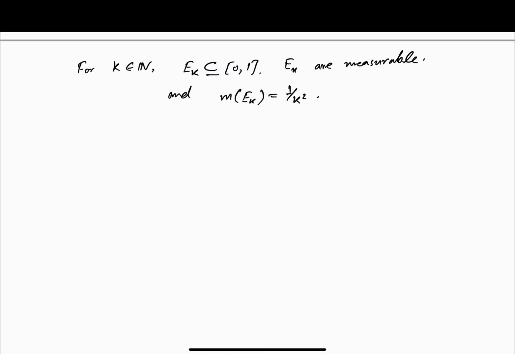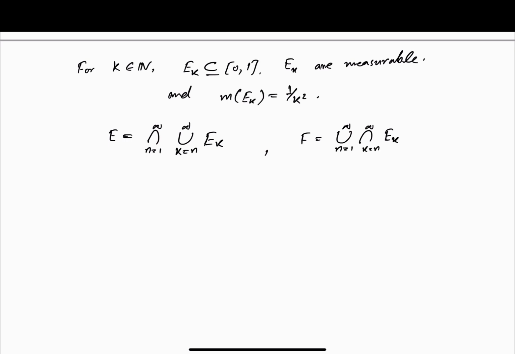And how is E defined? So E is basically the intersection n equals 1 to infinity of the union k equals n to infinity of Ek. And what is F? F is basically the union n equals 1 to infinity of the intersection k equals n to infinity of Ek.